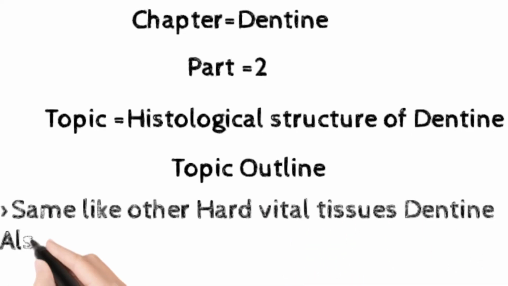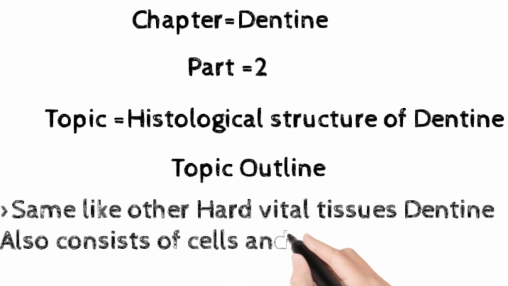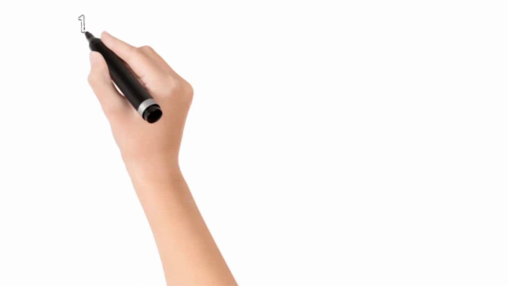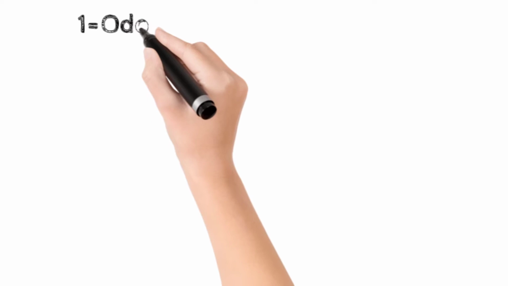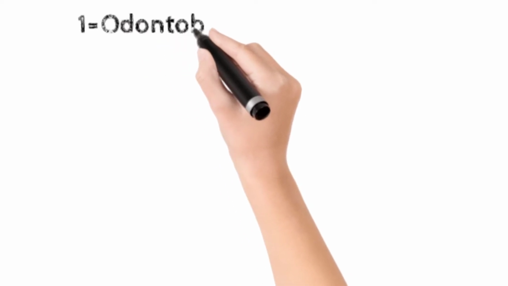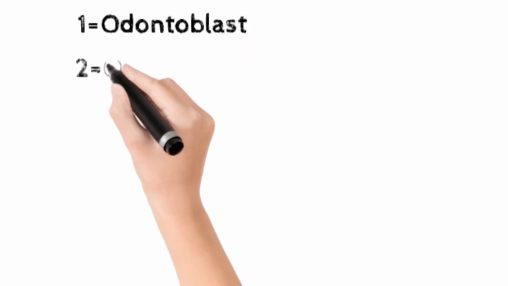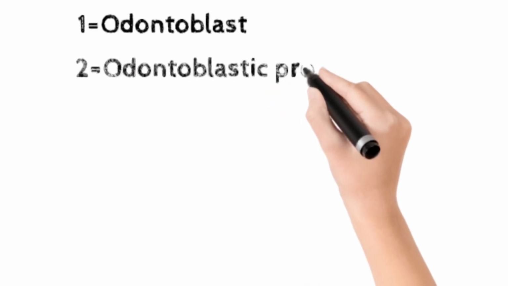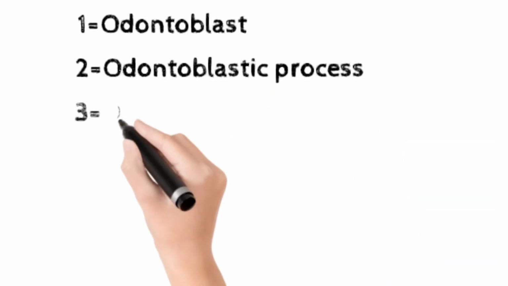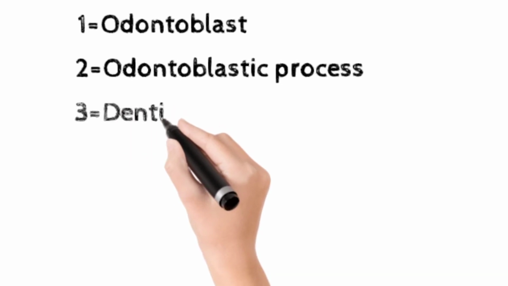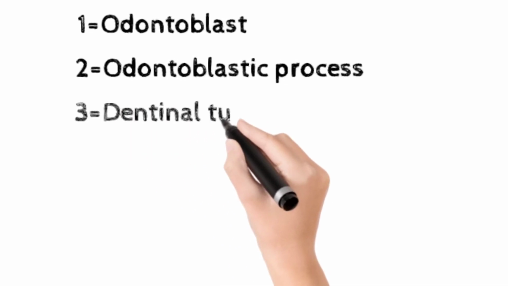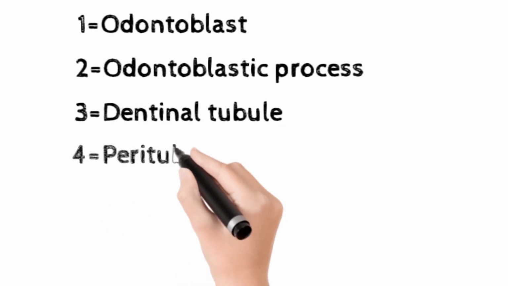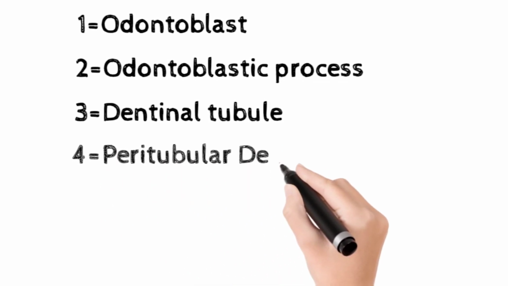Now today's topic outline is like other hard tissue, vital tissue contain cell and intercellular substance, same dentin have. In today's topic outline, there are 9 topics. We will study one by one. First we will study about the cell in dentin, odontoblast. Then about odontoblastic process.